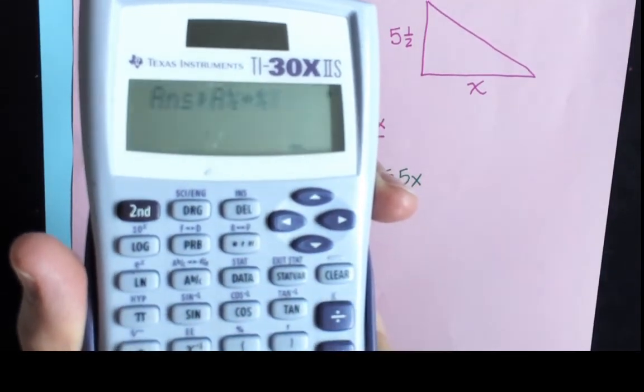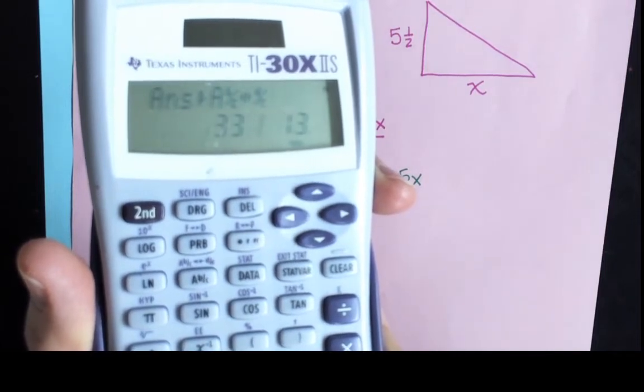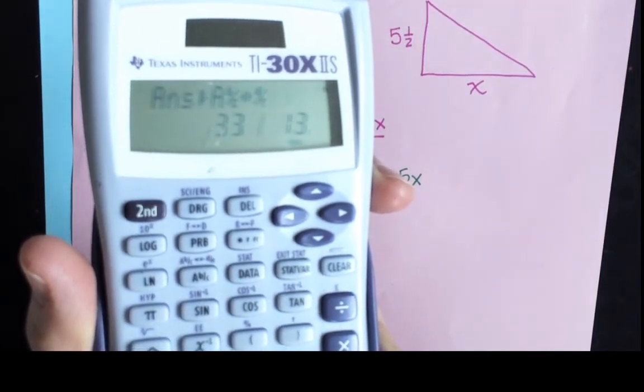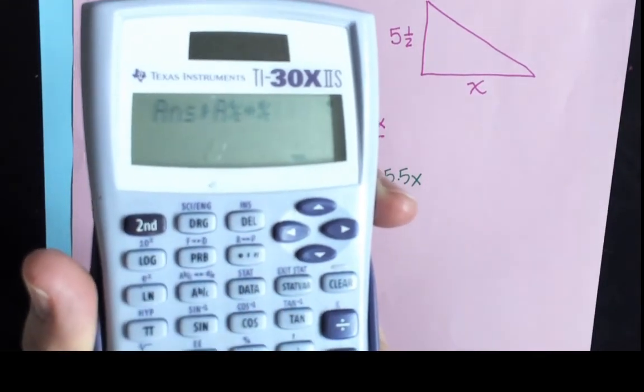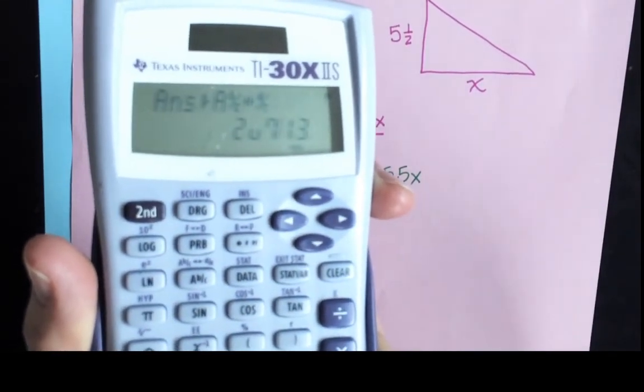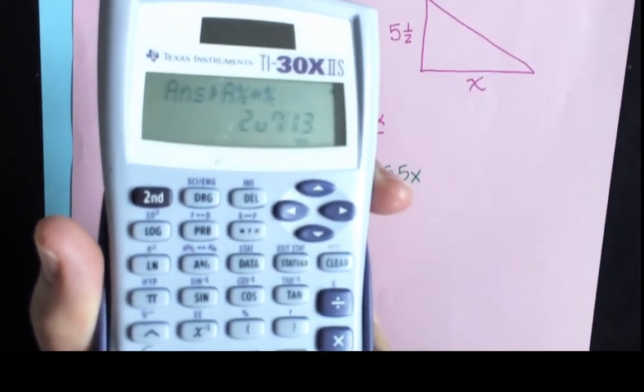So I did my answer, and that's 33/13. Now I can push it again, second ABC, and it will put it back as a mixed number. I had no idea until yesterday that that's what that button was for.